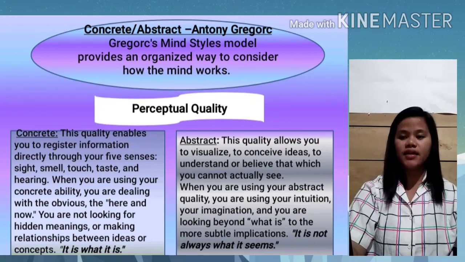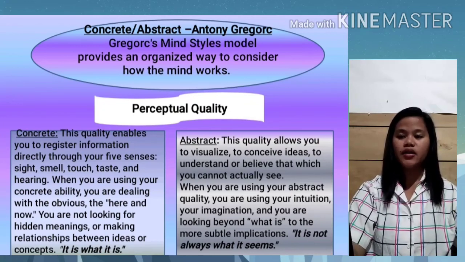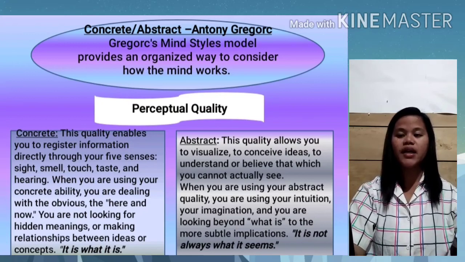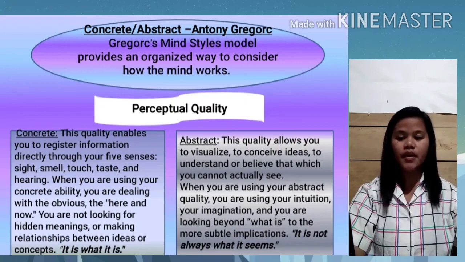Okay, the next is Concrete or Abstract by Anthony Gregorc. Gregorc's mind style model provides an organized way to consider how the mind works. Perceptual quality. Concrete: this quality enables you to register information directly through your five senses: sight, smell, touch, taste, and hearing.